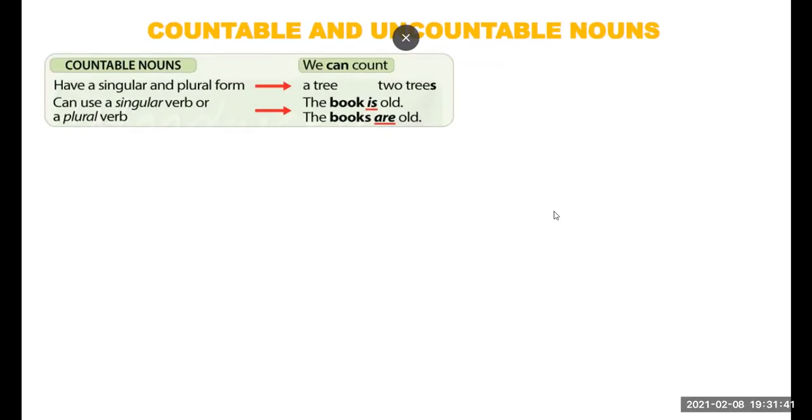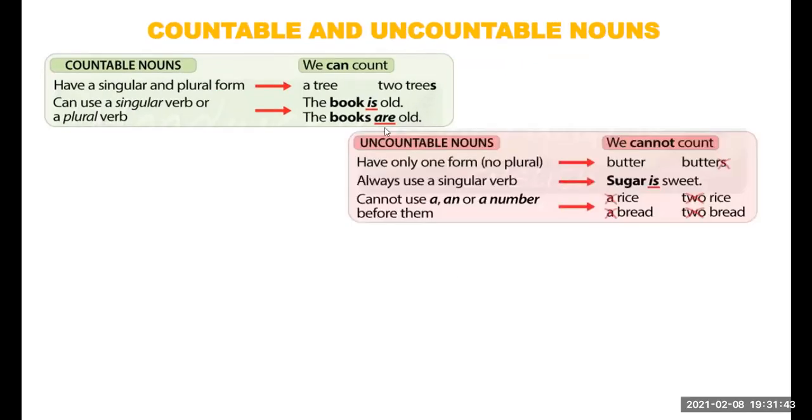Let's talk about the uncountable nouns. Uncountable nouns have only one form, singular form. It doesn't have a plural form. So we say butter, mantequilla, butter. We don't say butters. So only one form, singular form.